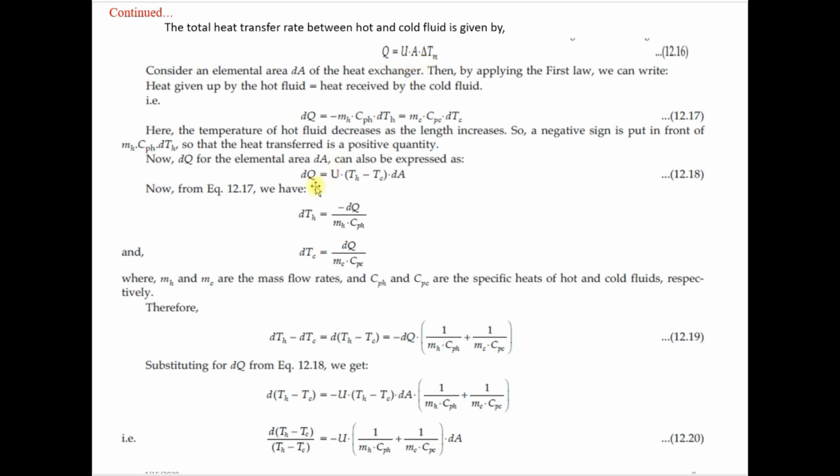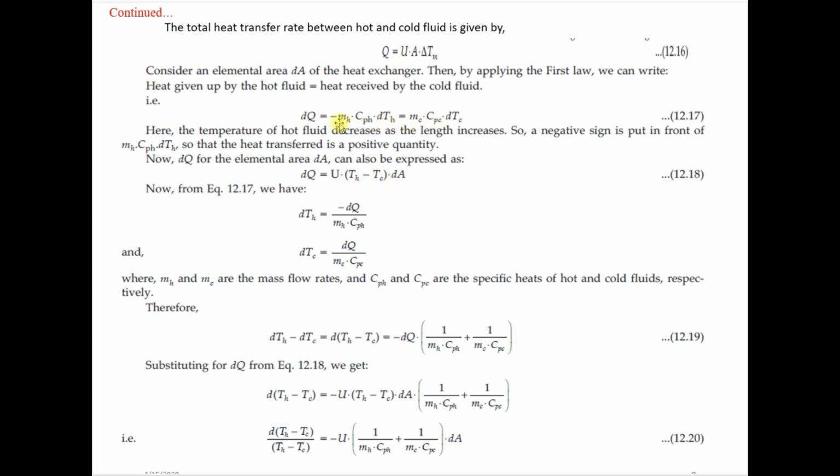Now dq, for the elemental area dA, you have to write this equation. A becomes dA because the elemental area is dA. For the elemental area dA, the temperature difference is Th minus Tc. So dq = U (Th - Tc) dA.